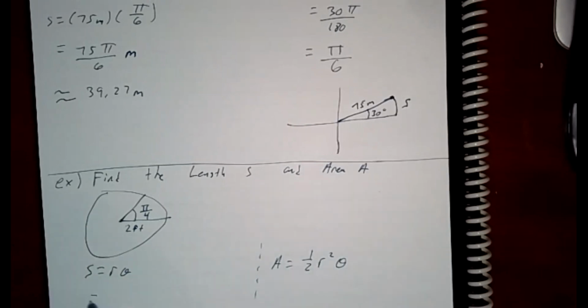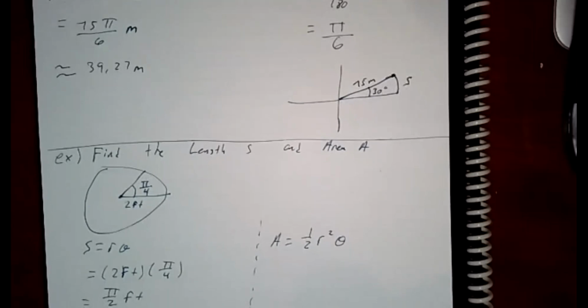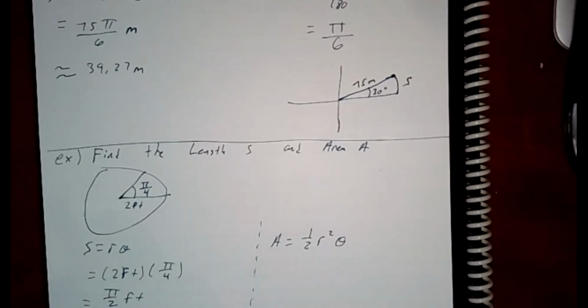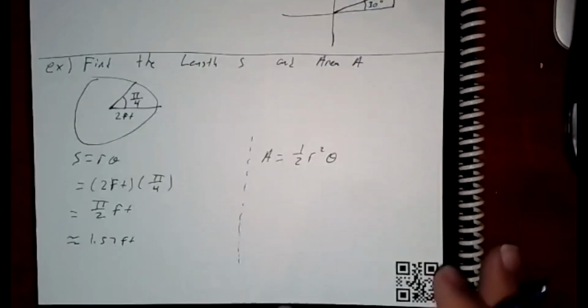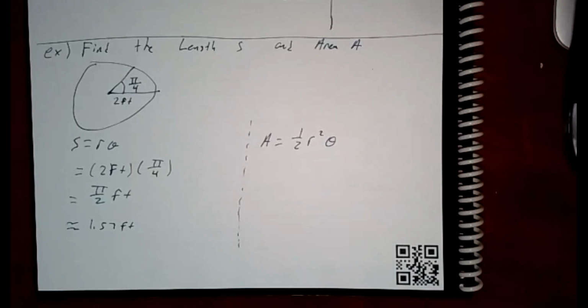So this will be 2 feet times pi over 4, since it's in radians, we're good. That will reduce to pi over 2 feet, which is about 1.57 feet. Sorry, no, gotta raise that up a bit.